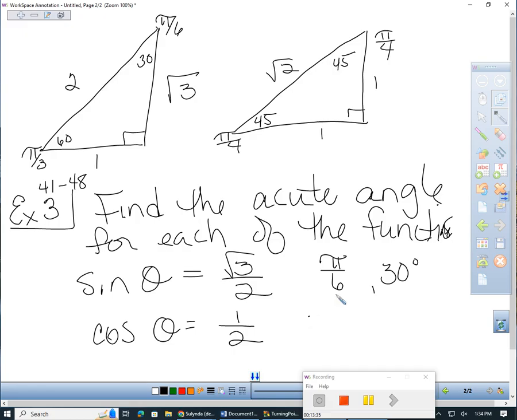Yep. Oh, I wrote that wrong. Look at that. You said it right, and I wrote it wrong. Oh, my goodness. Sorry, guys. My bad. Yes, this one, opposite over hypotenuse, is pi over 3 and 60 degrees. And this one, adjacent over hypotenuse, is pi over 3 and 60 degrees. You said it right. I wrote it down wrong.